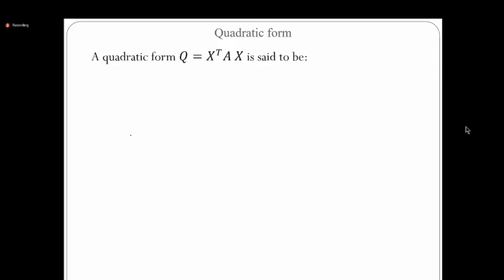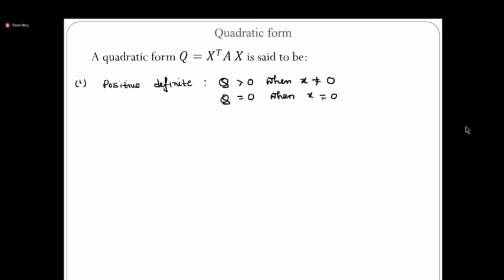Okay, so any quadratic form X transpose AX is said to be positive definite if this Q is greater than 0 when X is not equal to 0, and Q is equal to 0 when X is equal to 0.